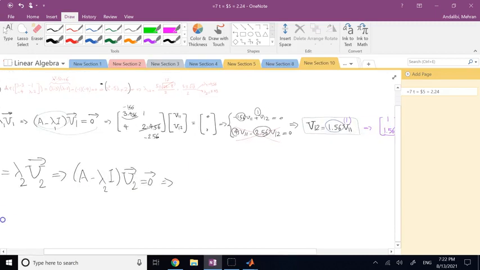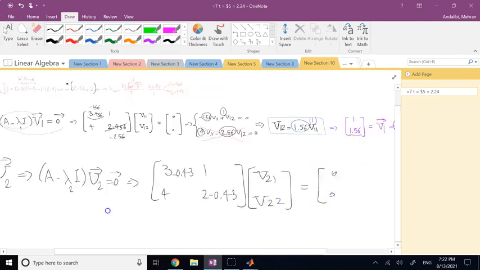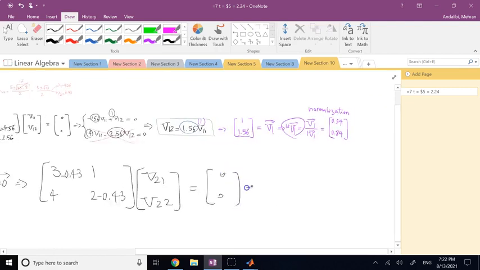And this time, the elements of A have to get a subtraction on the diagonal of lambda 2, which is 0.43. And instead of the whole vector V2, I show it with its components. I call them V21 and V22. This is equal to vector 0 and 0. Again, it gives you two equations, but the two equations are going to depend on each other.